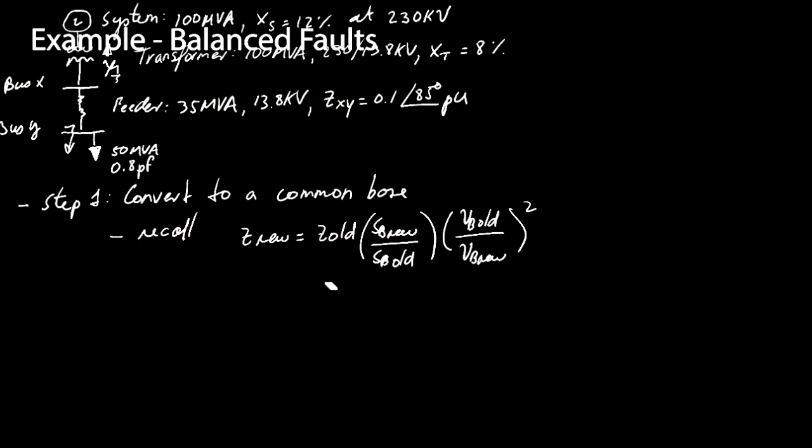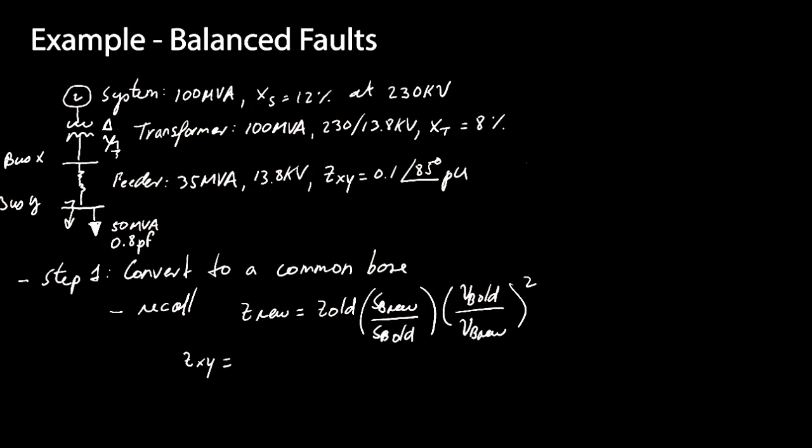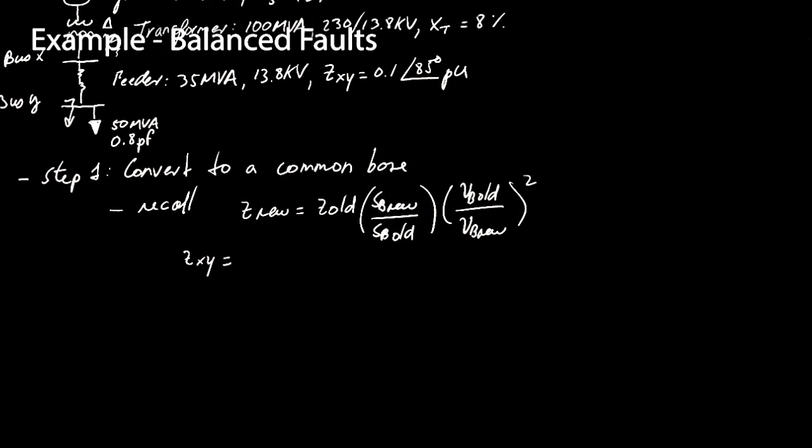So in this case then, to get ZXY, the feeder impedance in 100 MVA base, we would take the impedance, so 0.1 at 85 degrees. And then we'll multiply that times the new base, which is going to be 100 MVA, divided by the old base, 35 MVA, times the old base voltage over the new base voltage.